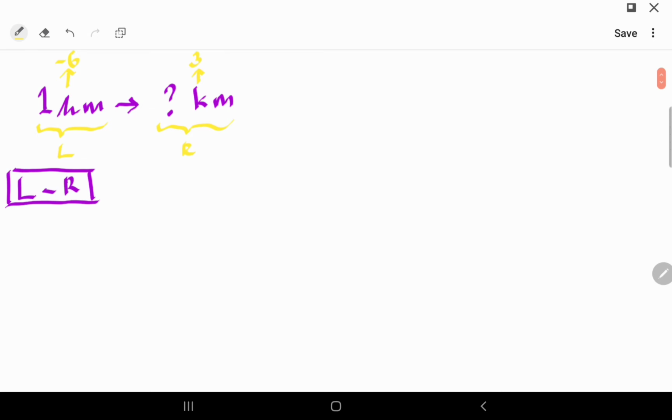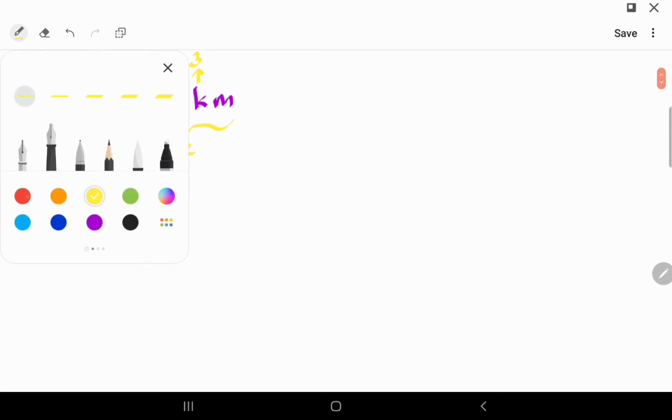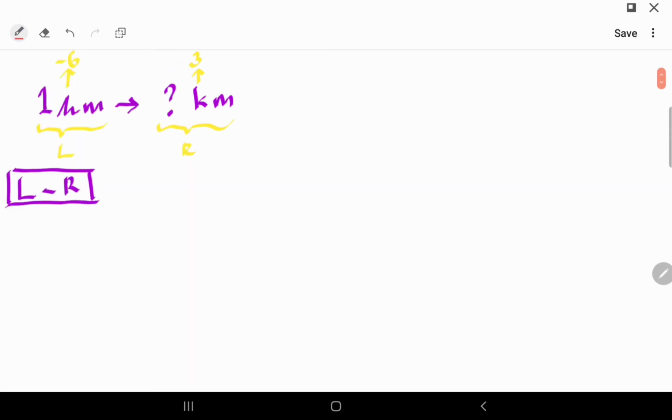We just take the numbers representing micro and kilo. Left minus right: negative 6 minus 3, giving you negative 9.